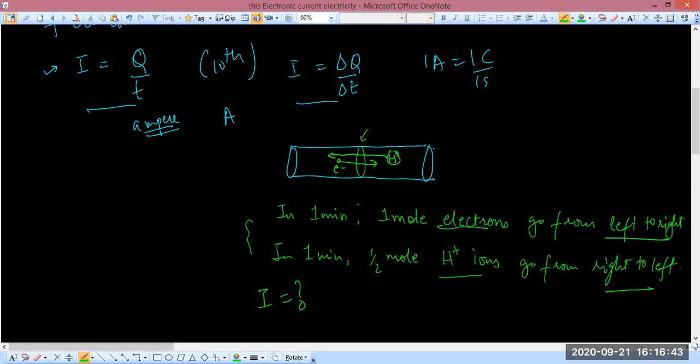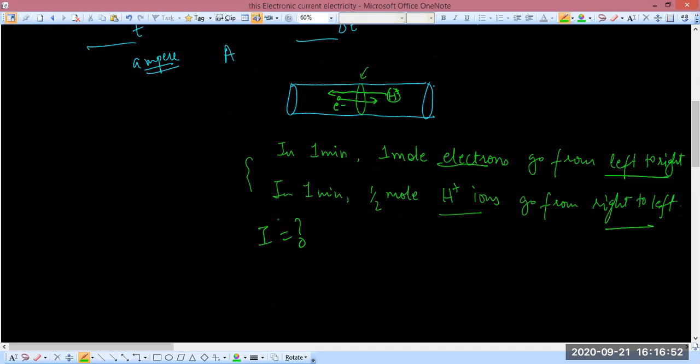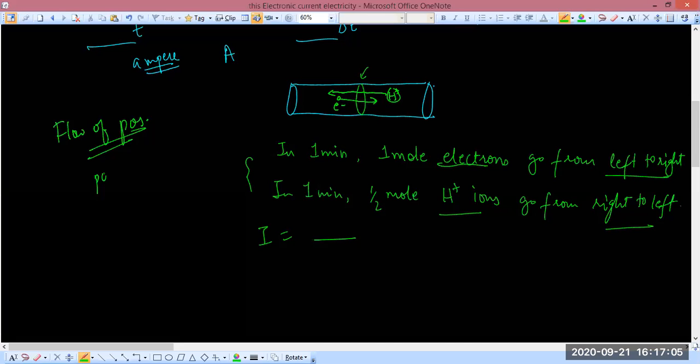That's what you have to find, right? So first of all, in 1 minute, how much is the charge flowing? Okay, so let's talk about that. I'm sure you remember that flow of positive charge is considered positive current.